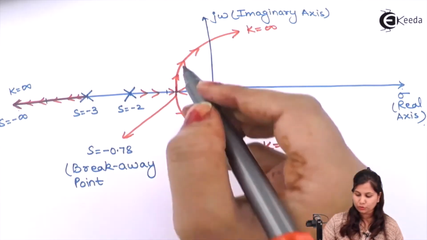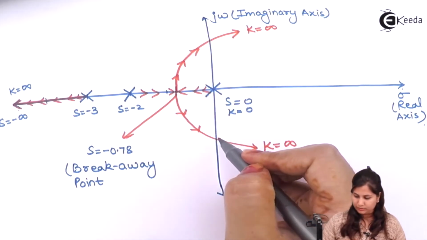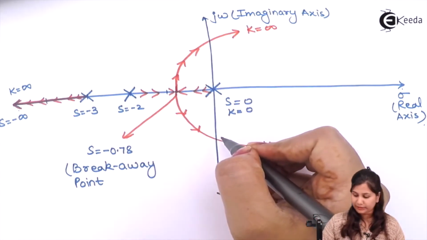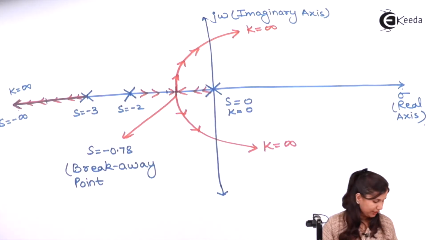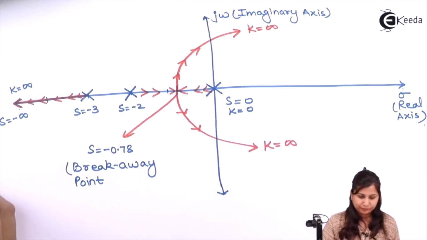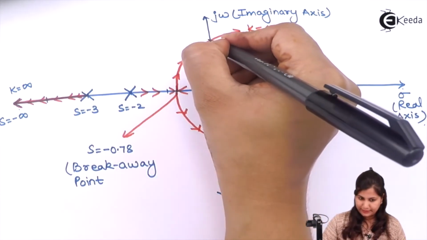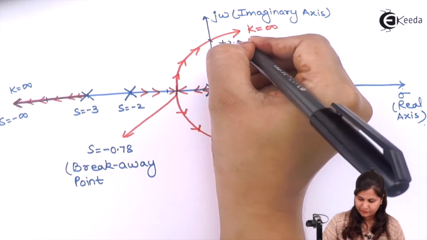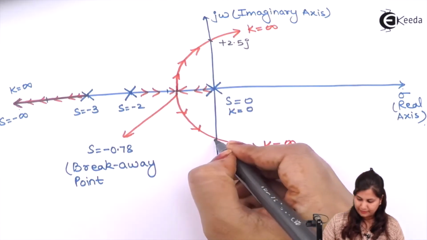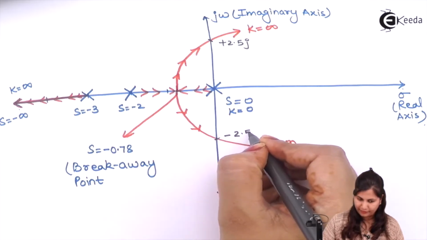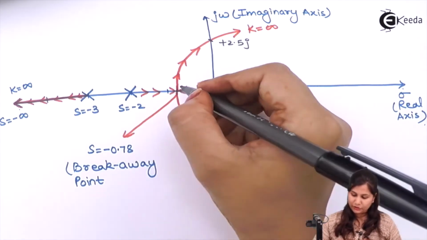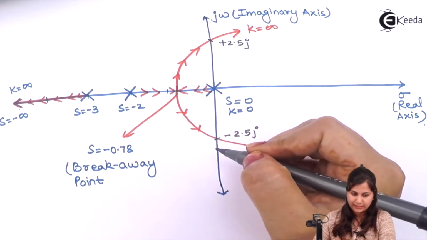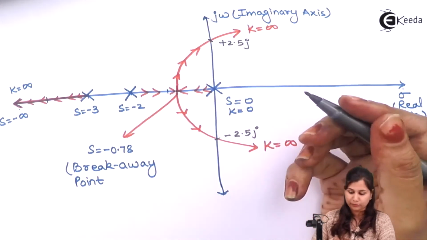Now these two branches will intersect the imaginary axis at the points which we have calculated as plus minus 2.5j. So this point is plus 2.5j and this is minus 2.5j.